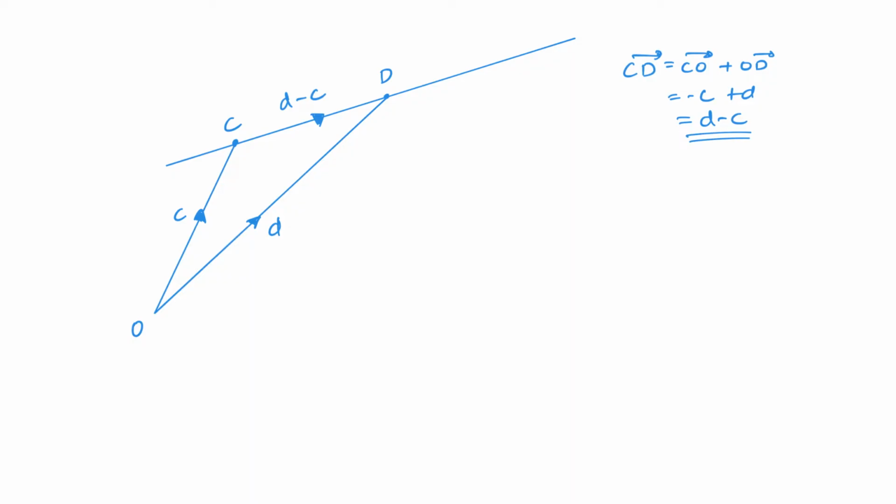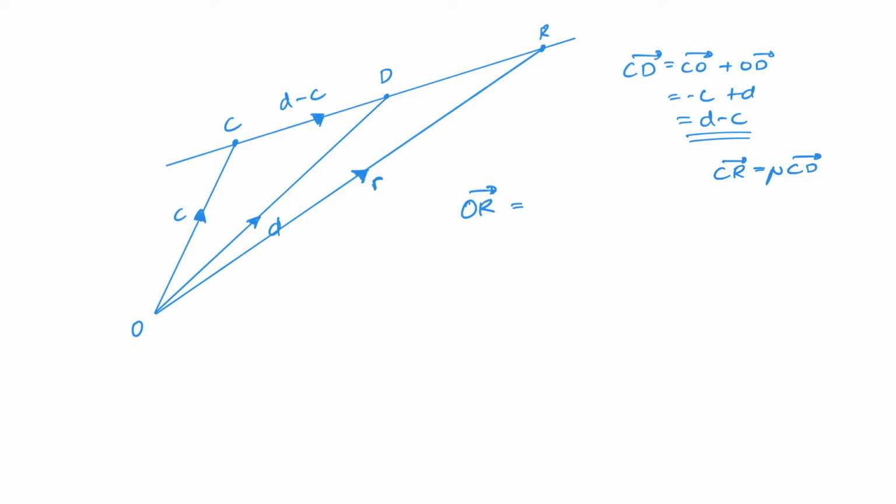Now, same as the last one, imagine that I put a point on this line and we'll call it R. Now, this is, like before, going to be the position vector r. And very much in the same way as previously, if I want to find this vector OR, which is my position vector r, I need to go to c, and then a multiple of this CD here. Okay, so if I think about it, CR is going to be some multiple of CD.